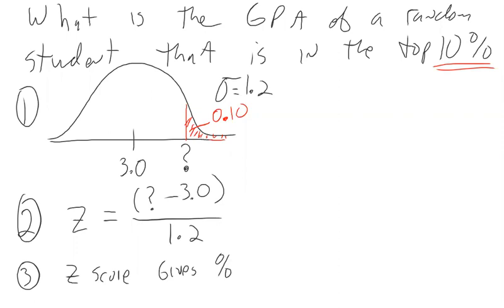Well, in this case, I know my percentage is 10%. So if I work backwards, I can find my Z score, right? However, this is a tough problem. If we follow this all the way to the end, I think this ties it all together. What is the problem though with my percentage?